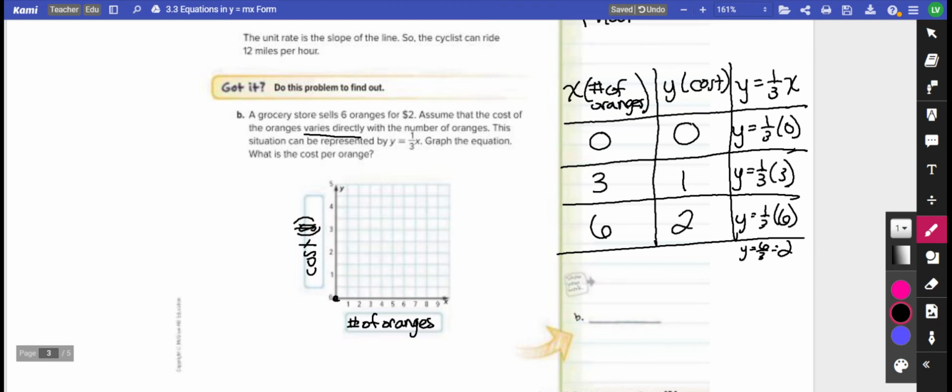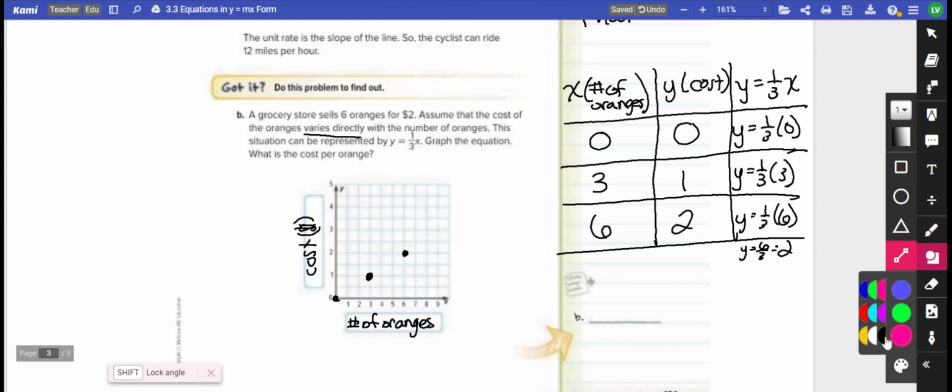Then I'm going to plot 3, 1. So 3, 1 means 3 oranges cost $1. Then I'm going to plot 6, 2. So 6 oranges cost $2. Then I'm going to connect my points with a line.